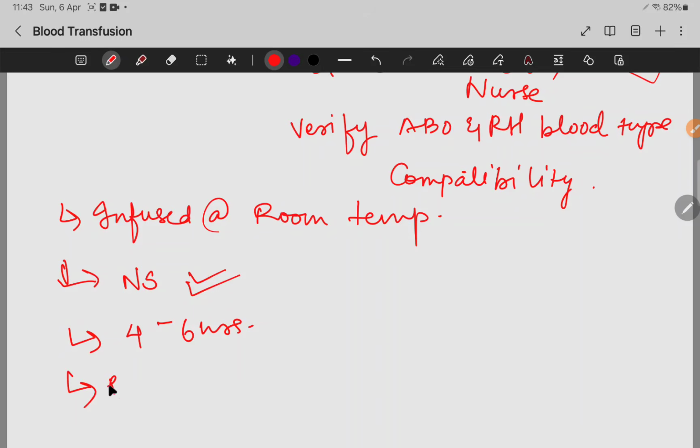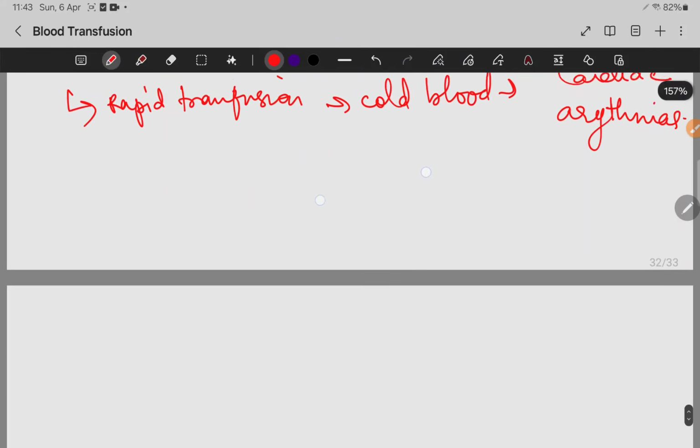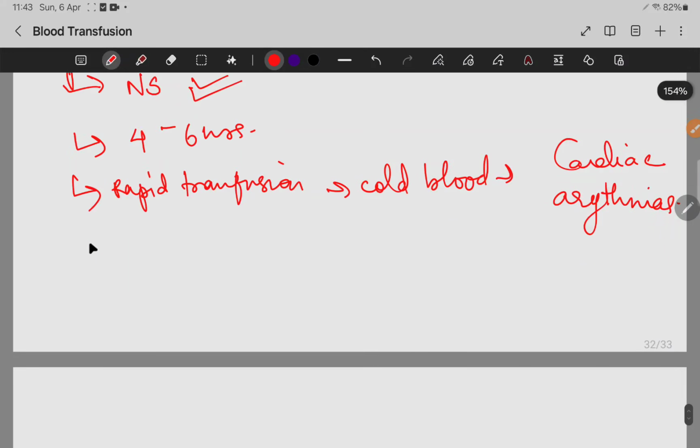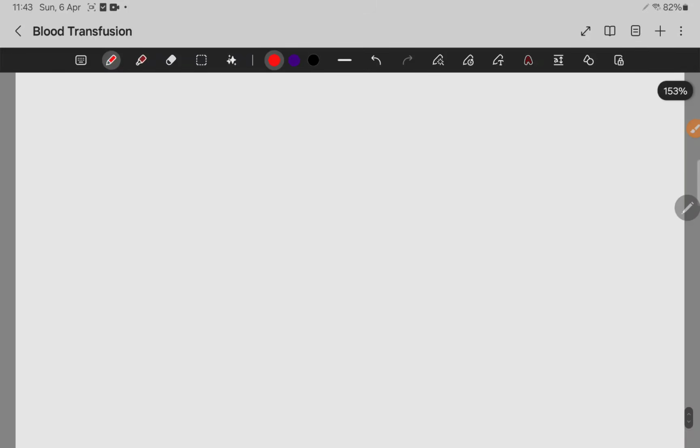If you are doing a rapid transfusion of cold blood, it can lead to cardiac arrhythmias. That's why you have to assess the patient every 15 minutes. And always use an 18 gauge needle, 18 gauge cannula for blood transfusion.